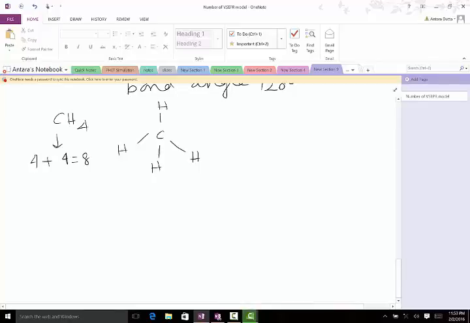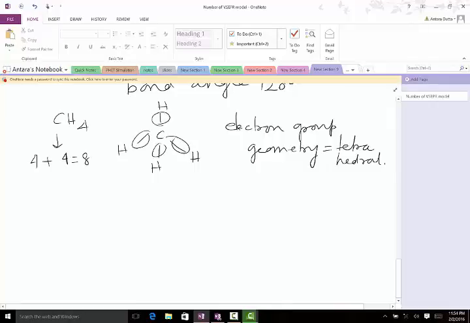So that means this is the correct Lewis dot structure of methane, and it shows that since it has 4 electron groups according to the theory, the electron group geometry is tetrahedral. One, 2, 3, and 4.